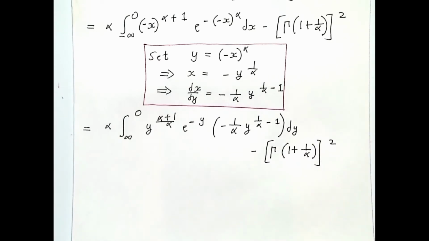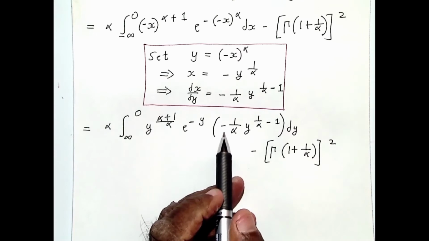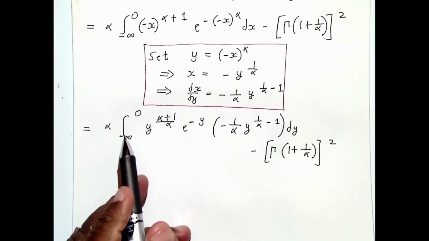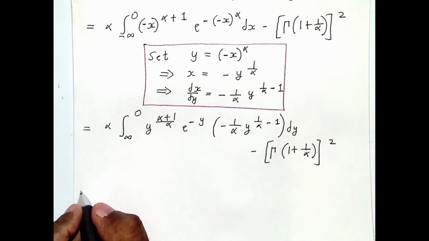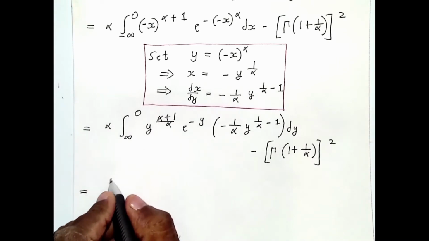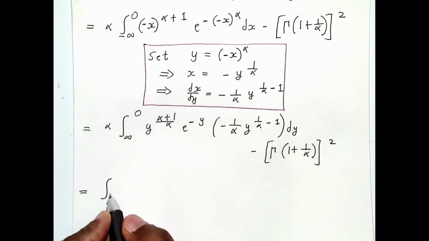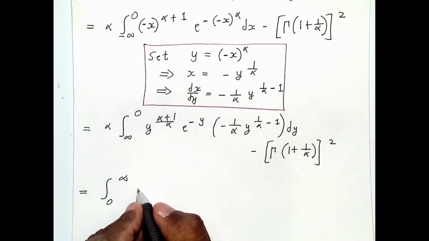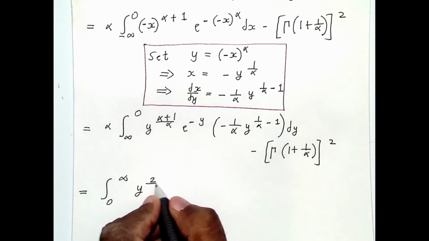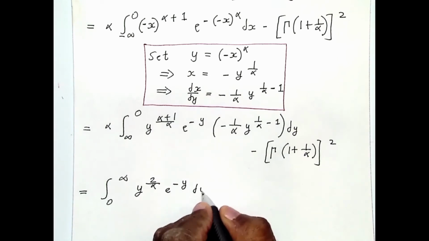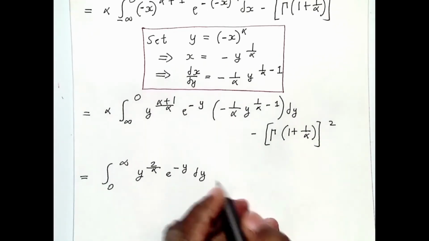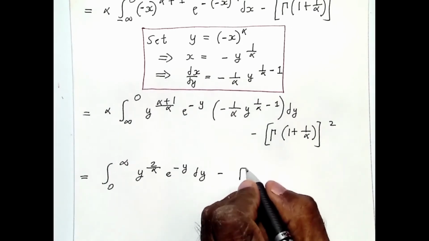Now I'm going to use the minus sign here to switch the limits. The alpha and the alpha will cancel, so you get 0 to infinity of... minus the square of the mean.